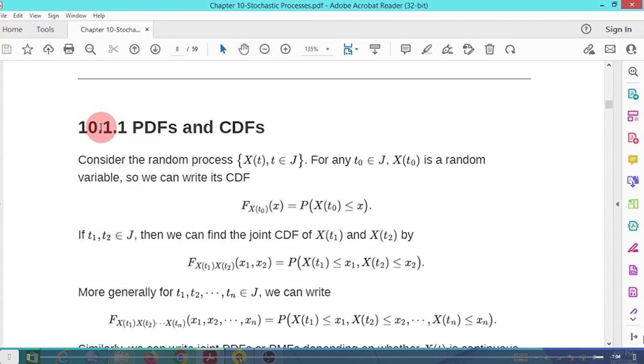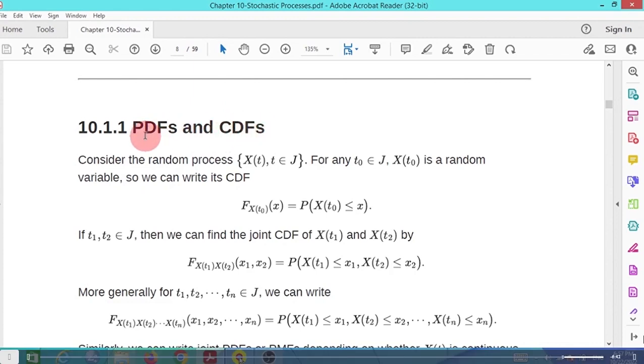Lesson: let's begin section 10.1.1. The name of this section is probability density function and cumulative distribution function.